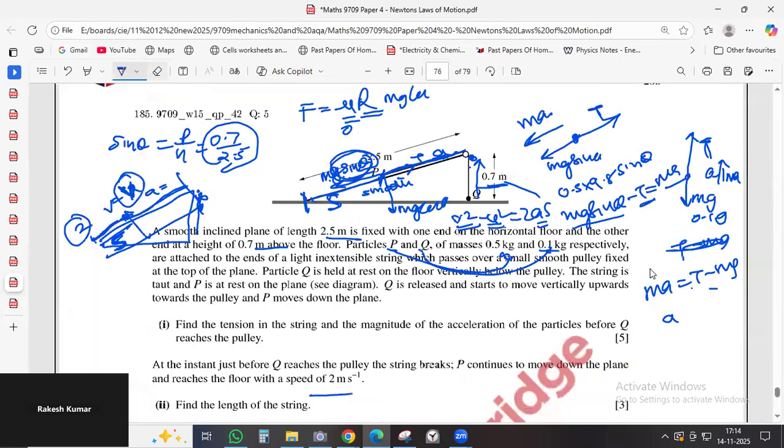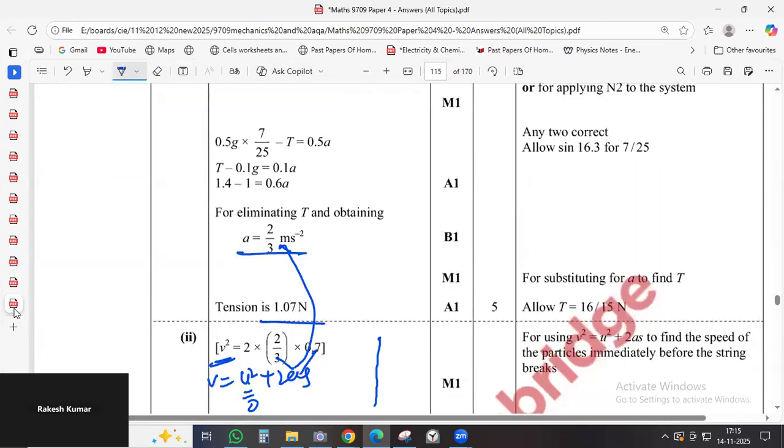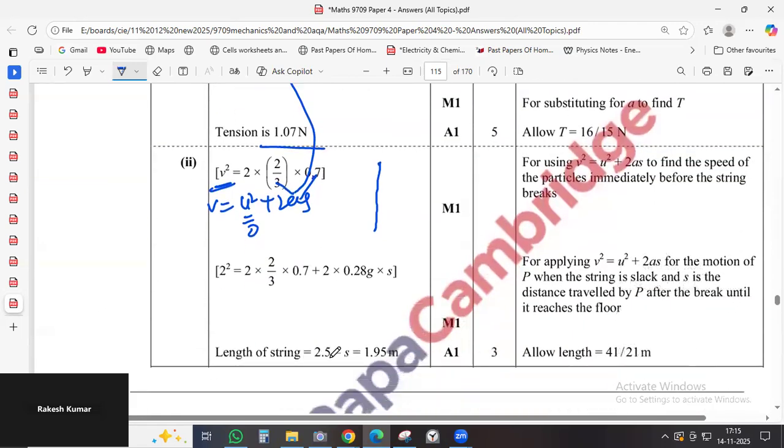P, when it's going down at this position, when this string has reached up, P would have come here and it is going with the speed of this much. The speed is not given, but he's using this as u square.